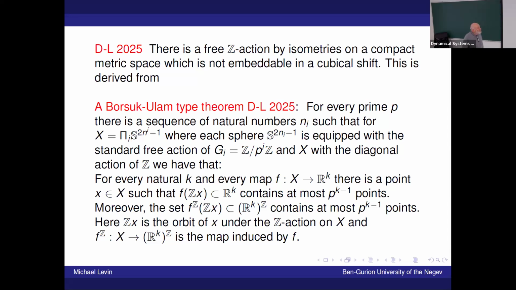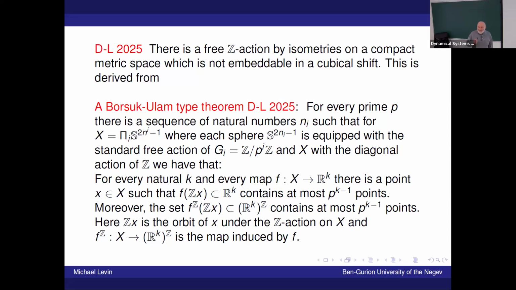So it says that any technique relying on the level function, on the marker property, couldn't lead to a generalization of the Lindenstrauss result to free actions. But still, I believe it was believed that such a generalization is possible.